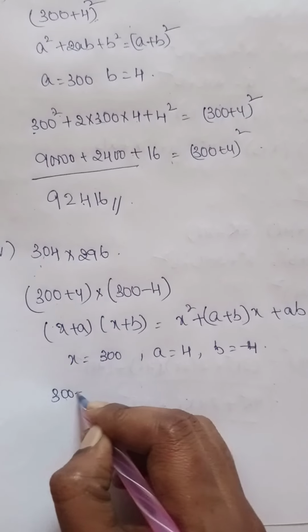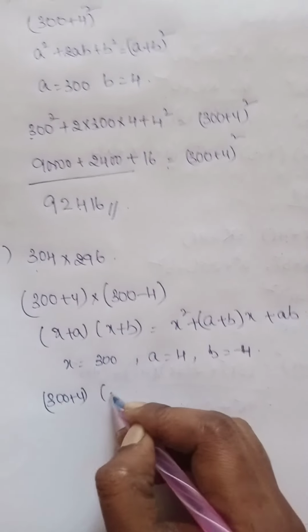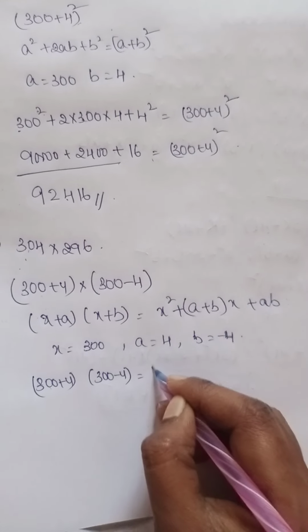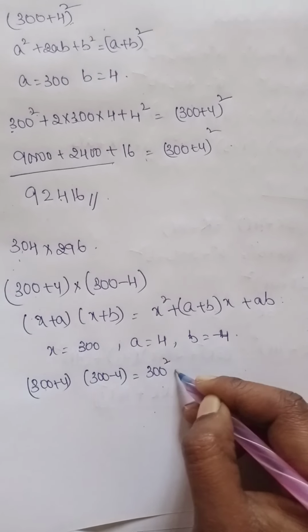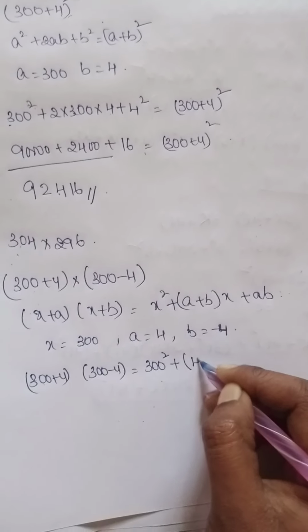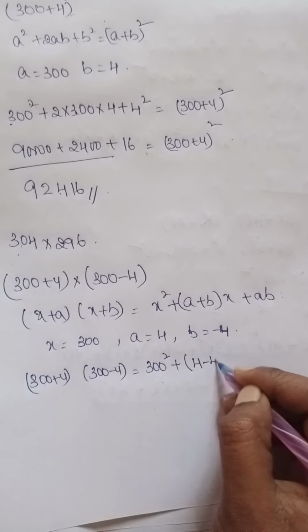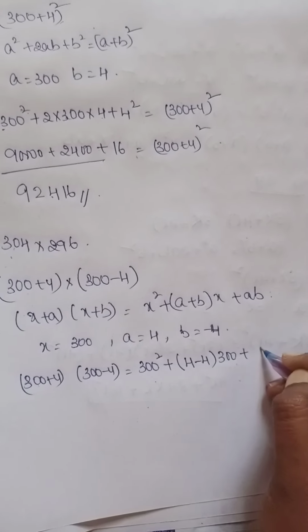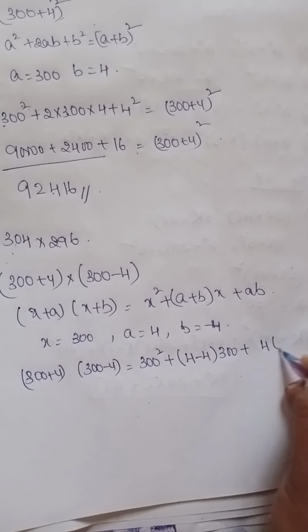Right, substitute in that formula. What is x? 300 square plus, what is a? 4, b is minus 4, into x is 300 plus, what is a? 4 and what is b? Minus 4.